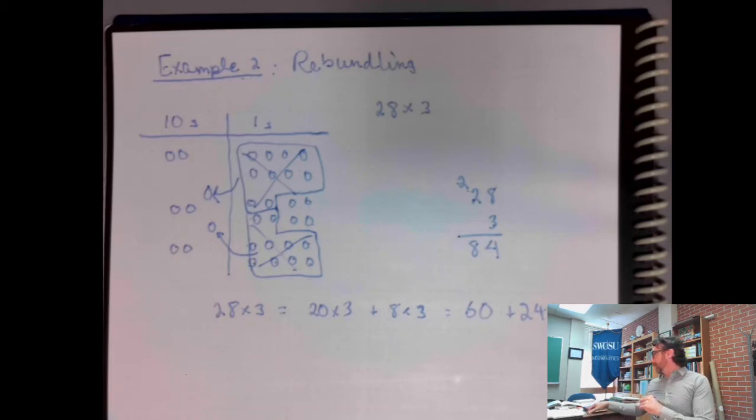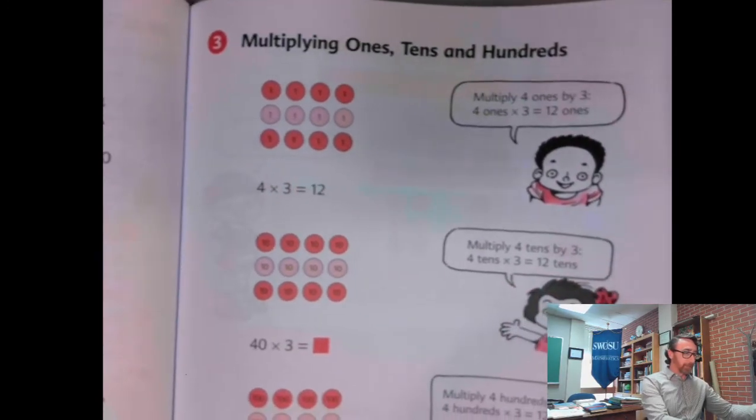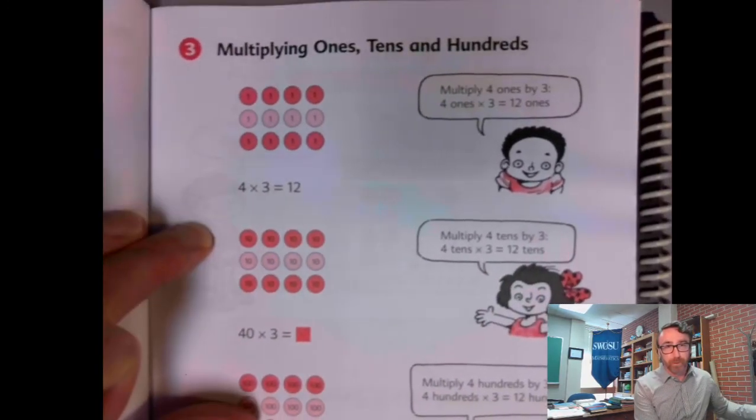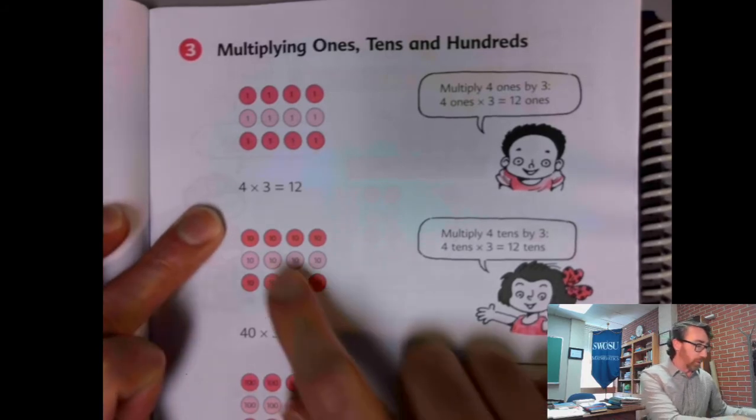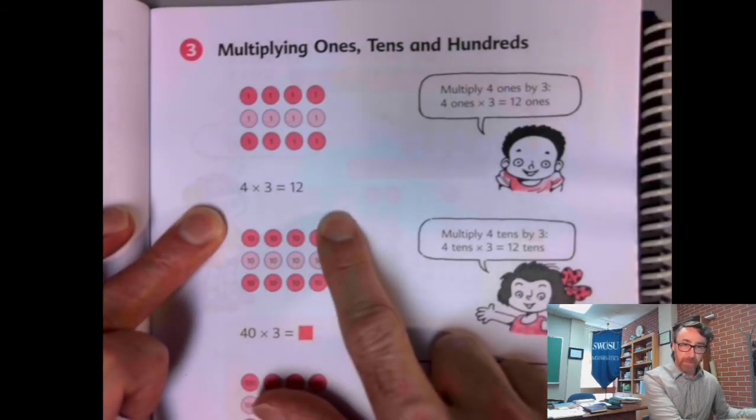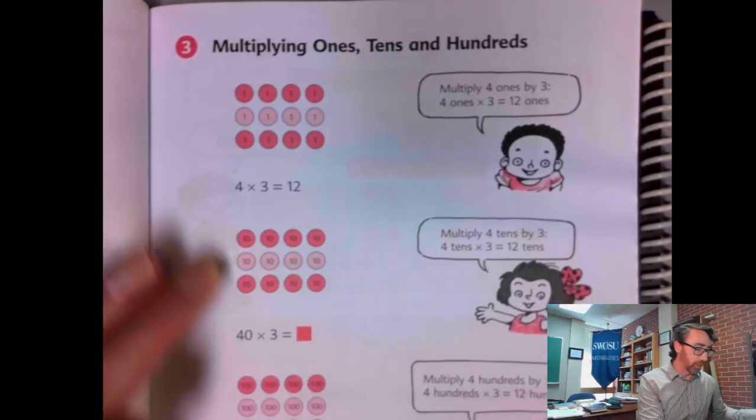Now, I've got Primary Math 3A right here, and I am looking at page 49. That's a one-digit multiplication problem, very easy. 4 times 3 is 12.